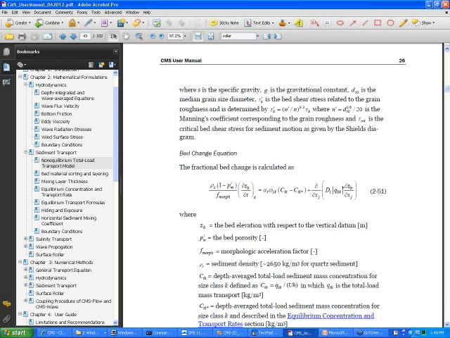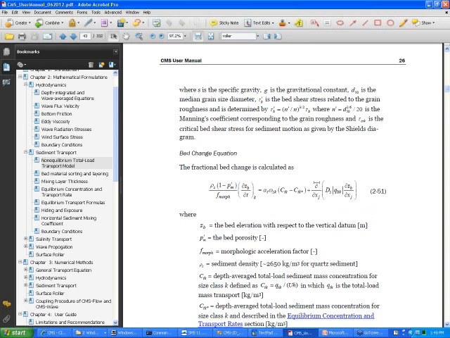When the bed is sloped, the sediment, because it's bed load, hopping, rolling, sliding, will tend to go down slope, and that's parameterized through this diffusion term that has a bed slope coefficient, d sub s.